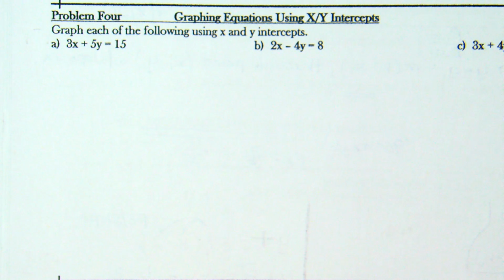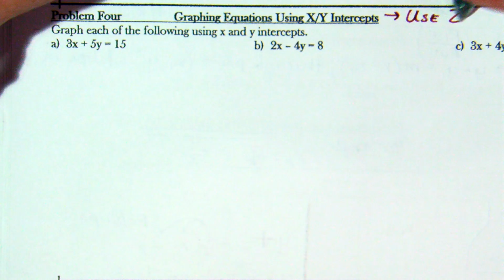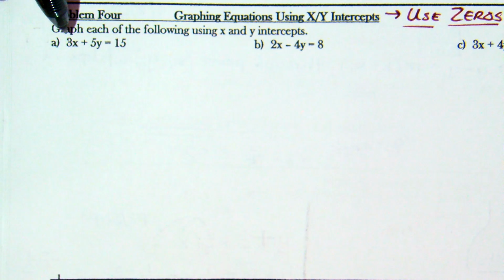So, if we start with this first one, 3x plus 5y. What am I putting in for y? 0. Can you do some basic math there? What do you know about 5 times 0? It's 0. So then I'm left with the equation 3x equals 15.